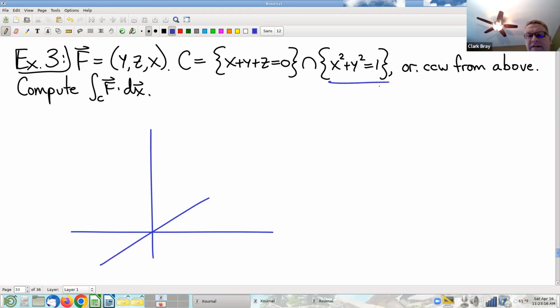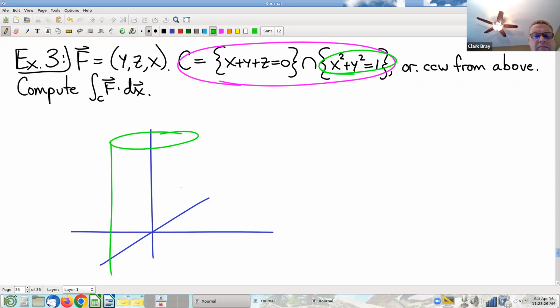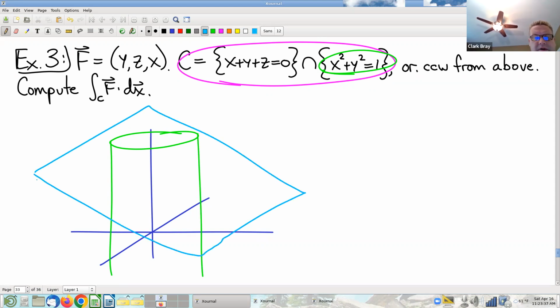So we're on the cylinder and we're cutting it with this plane. So our curve is, well, I better draw. Okay, the cylinder, and then the plane, like that. And so our intersection curve is something like that.